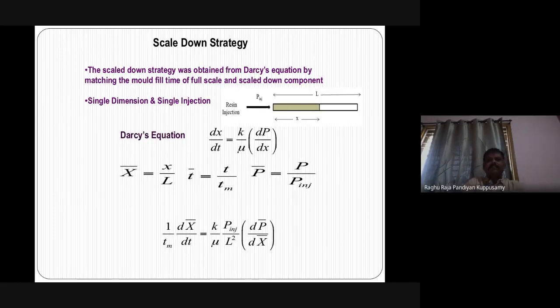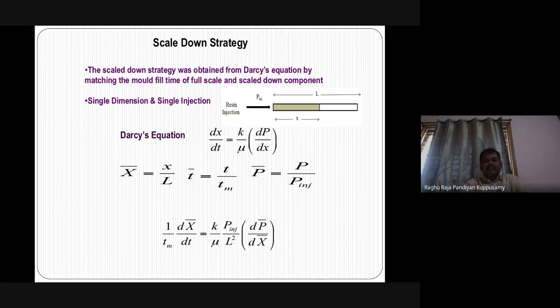For the scale down strategy, I have taken the 1D Darcy's law equation. You can see Darcy's form: it is a function of pressure drop, directional permeability, and resin viscosity, and dx/dt is nothing but the velocity of the resin.